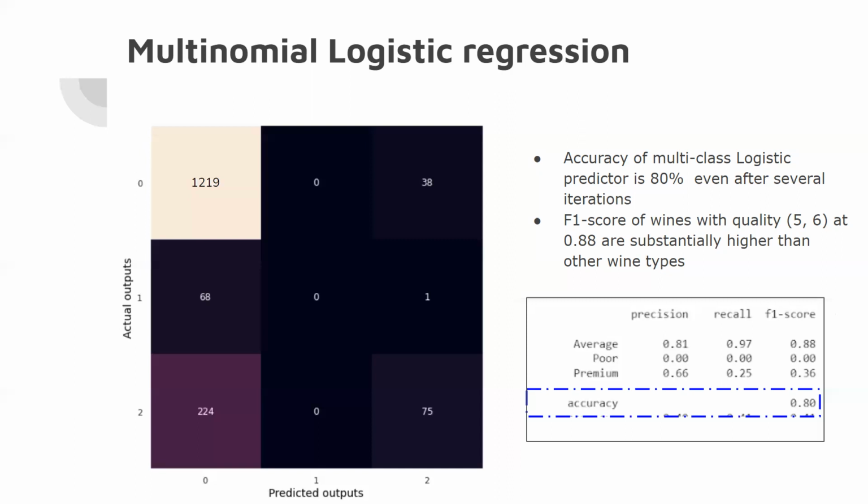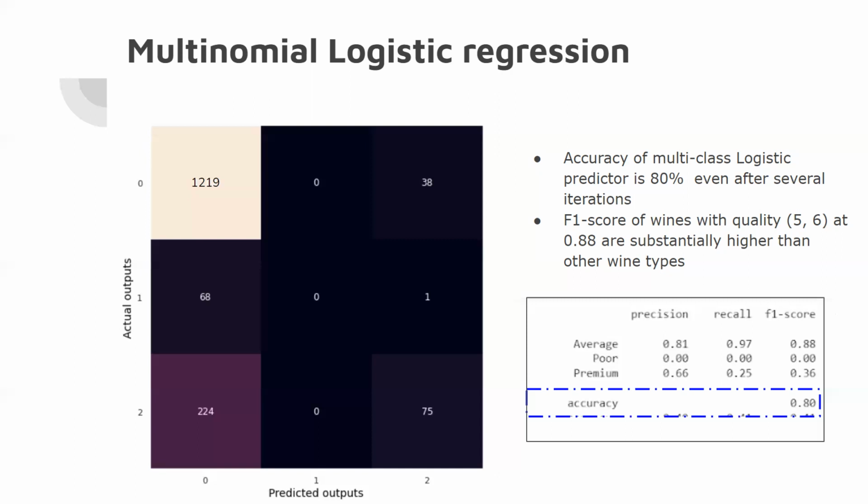And if you go along the same row, you will find that although most of the average wines continued to be predicted the same, 38 wines were predicted as premium wines by the classifier. But the good part is it did not go to the poor category. So average wine wasn't predicted as a poor wine, but some of them got predicted as premium wines, right?